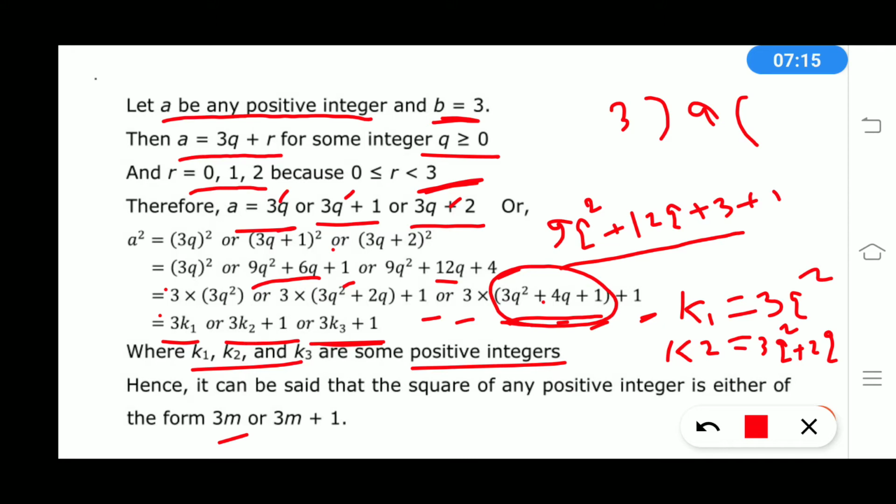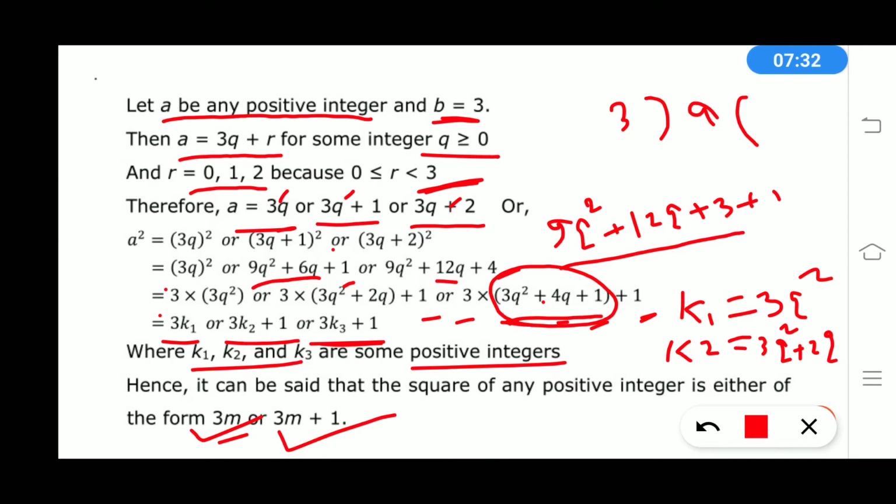So that means the square of 3q, the square of 3q plus 1 and the square of 3q plus 2 can be written in the form of 3m and 3m plus 1.